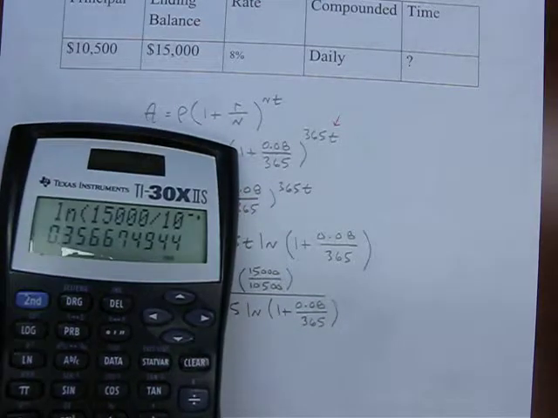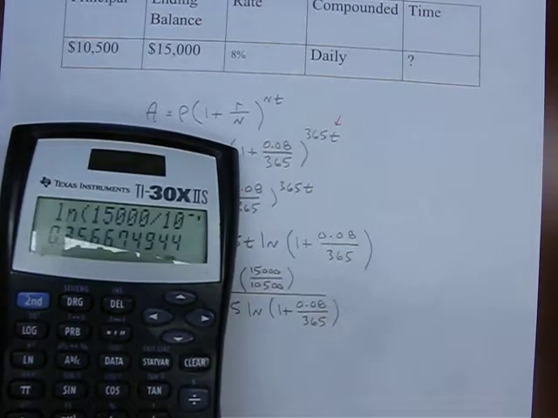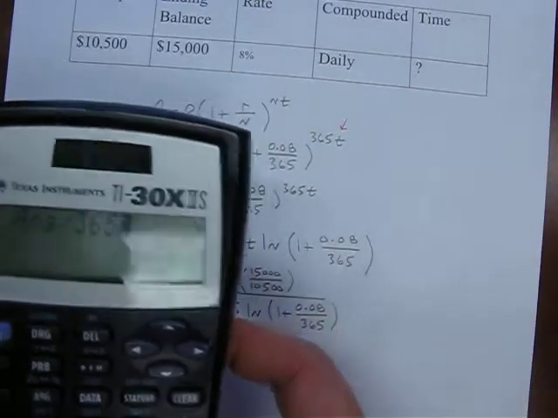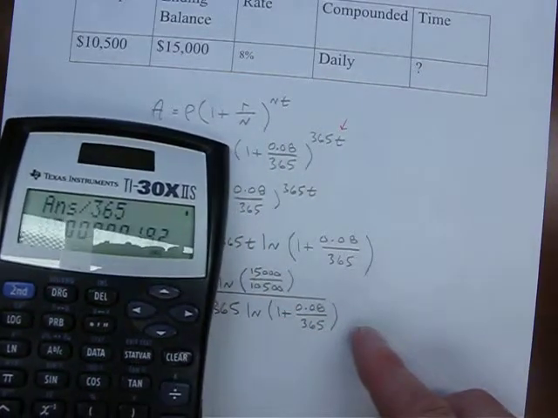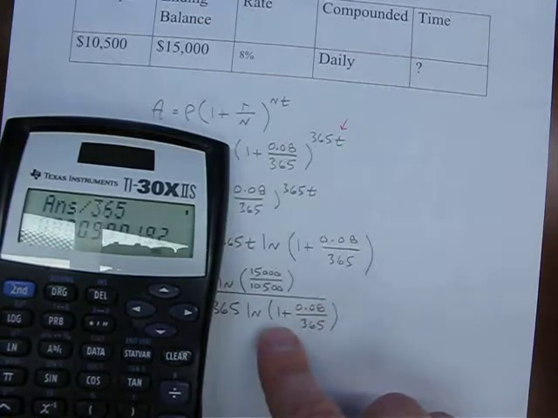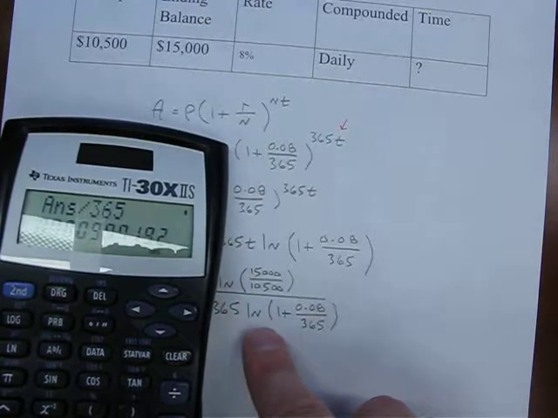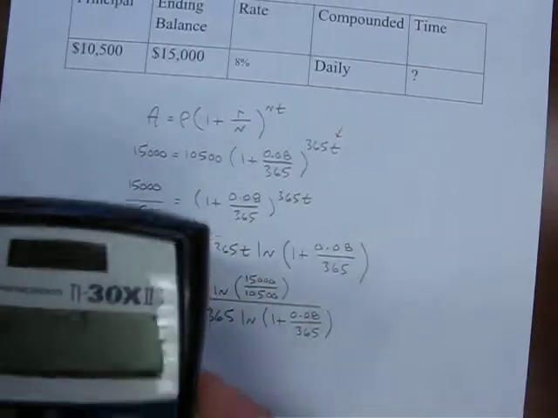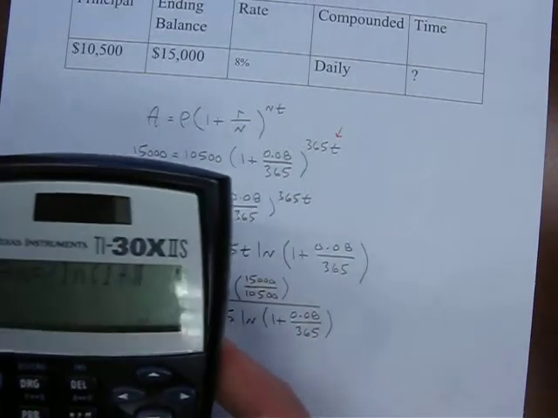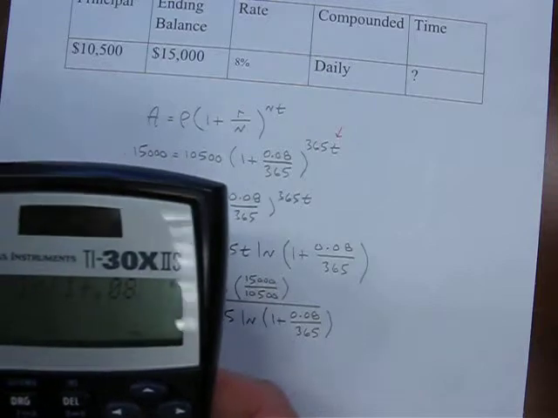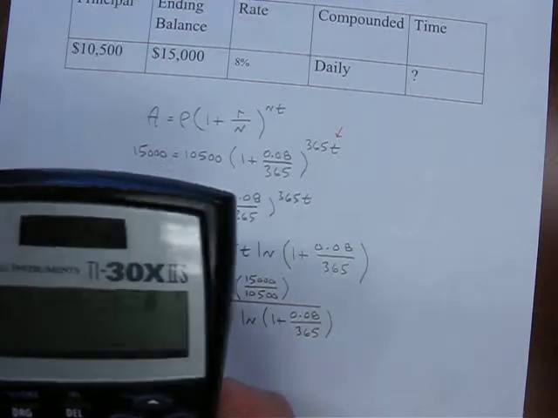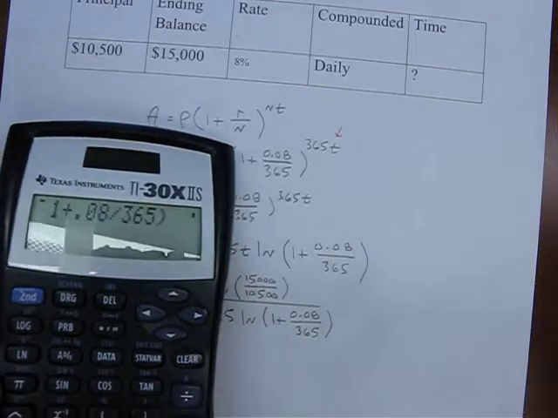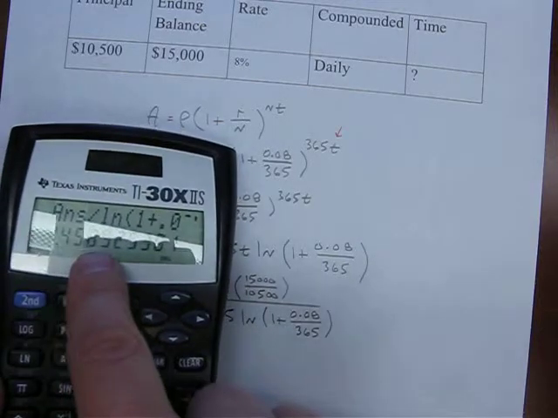Then I'll divide that by 365. And then I'll divide it by this logarithm, so I'll just hit divide again. Natural log 1 plus 0.08 over 365. Press enter. I get 4.45.